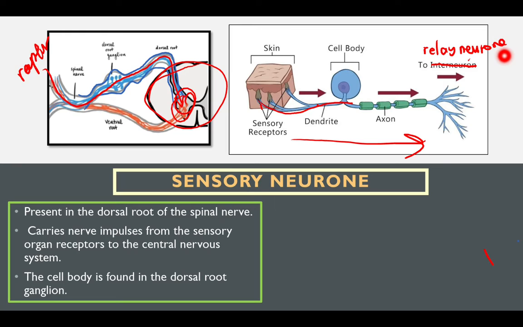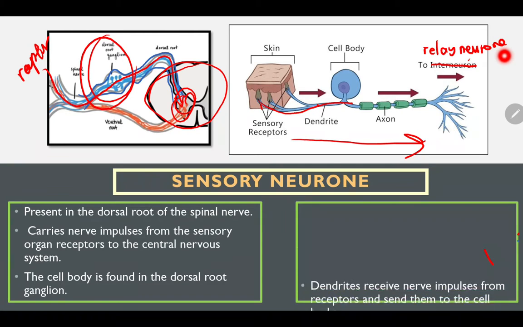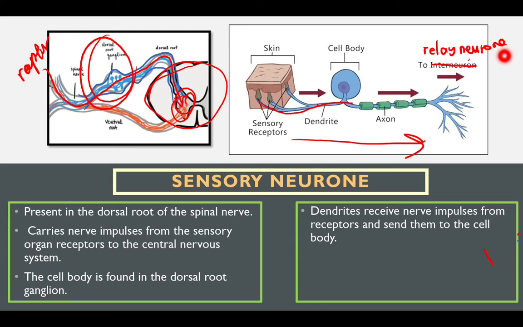As for the motor neuron, the cell body is found in the grey matter. While as for the sensory neuron, the cell body is found in the dorsal root ganglion dekat sini. Tu beza dia. Okay, dendrite receive nerve impulse from receptor and send them to the cell body.